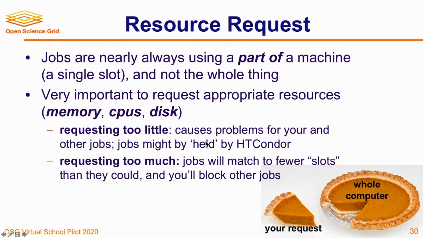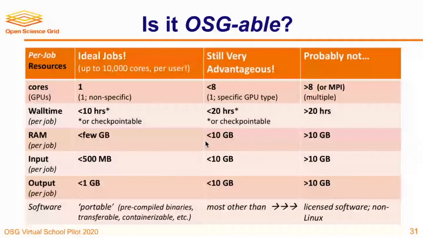Conversely, if you request too little and your jobs attempt to use more memory or disk than was given to you in your slot, Condor can hold your jobs so that you're not negatively impacting the other jobs on the server. And we'll talk about job holds in the testing and troubleshooting section and how to handle those. But back to resource requests, this becomes really important. In any high throughput computing system, typically you can game that system by letting your jobs, if they're small, fill in all of the excess spots that other people's jobs don't fit into quite as well.